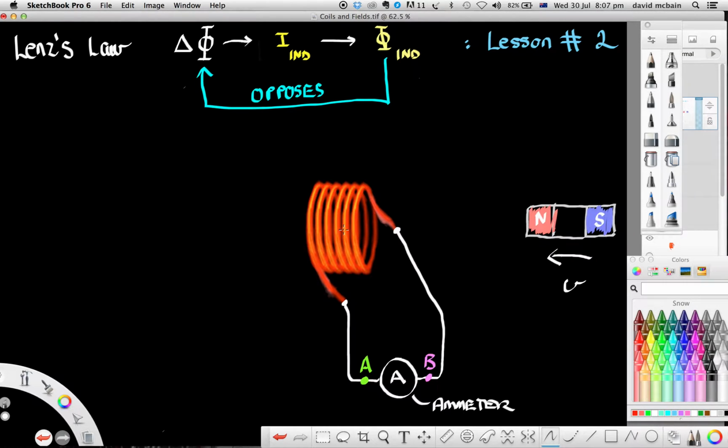So which direction will the current flow in the coil? Will it pass through the ammeter from A to B, or will it flow in the other direction and pass from B to A through the ammeter? That's the question we're asking.